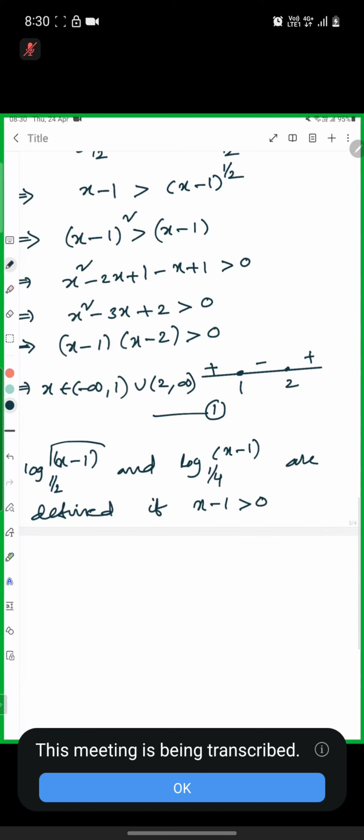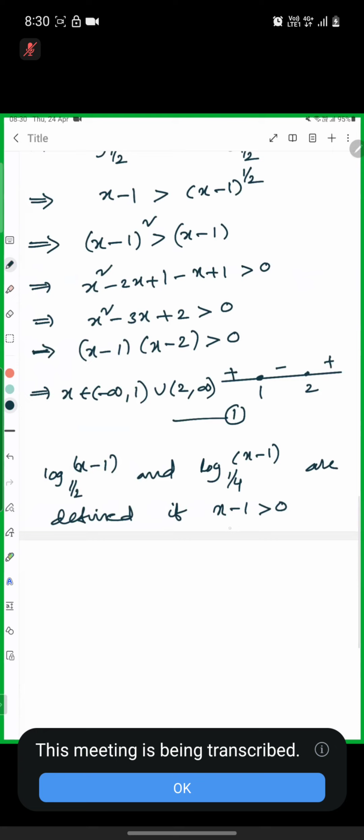This is our x here. Log x is defined when x is positive. Here you don't worry about the base because the base is a fixed positive number. So x minus 1 greater than 0 means x greater than 1, that is 1 to infinity.